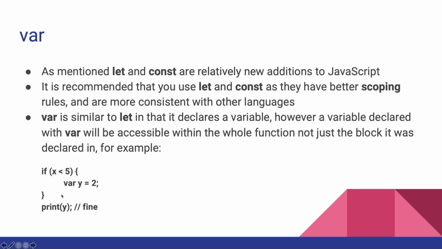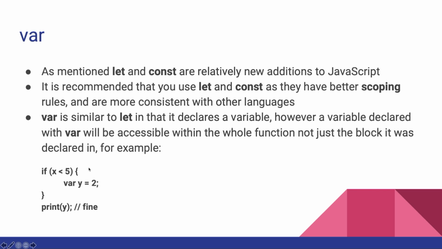The same rules work with let, but with var, which is the old way that let replaces, the semantics are that y would still be in scope here, because var says the scope is limited by what function it's in, not necessarily by what block it's in.